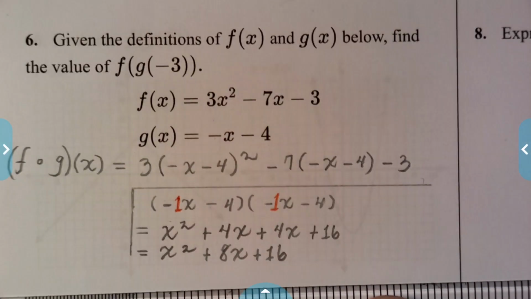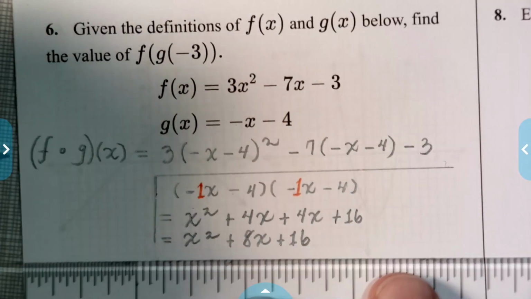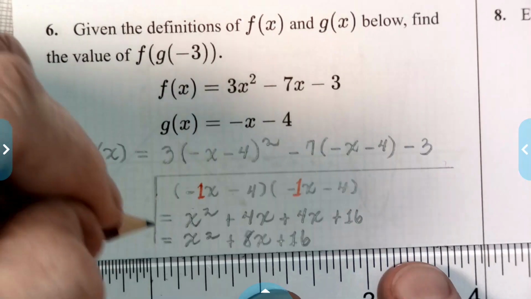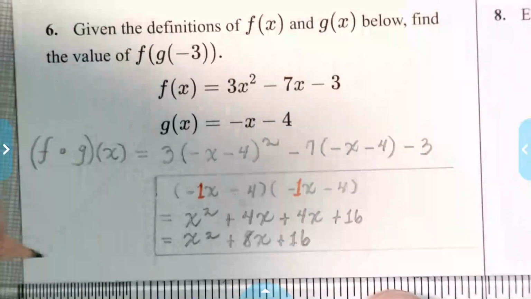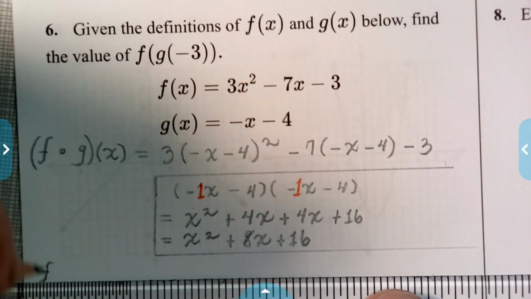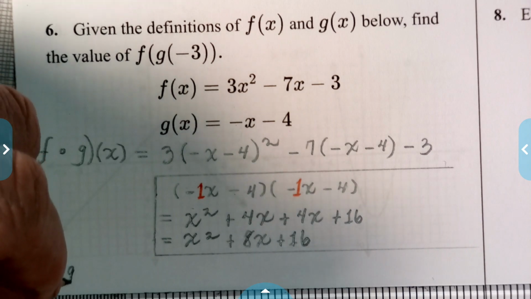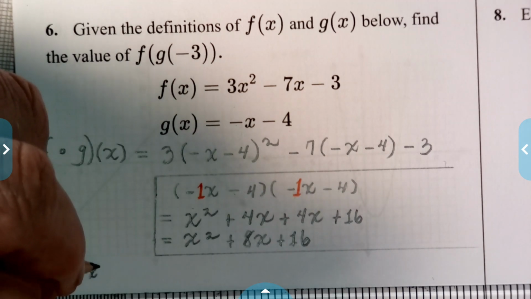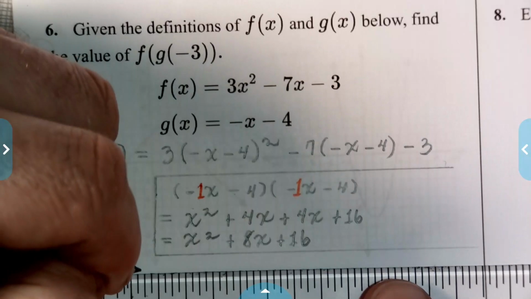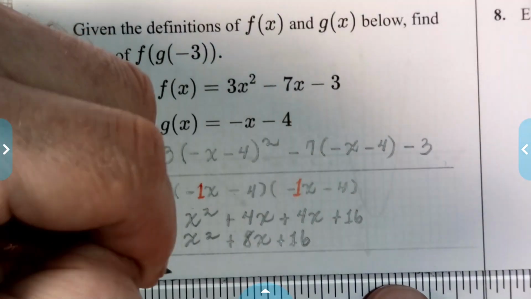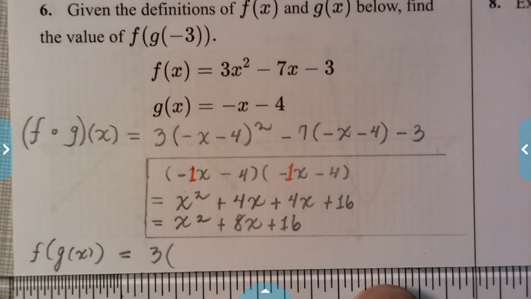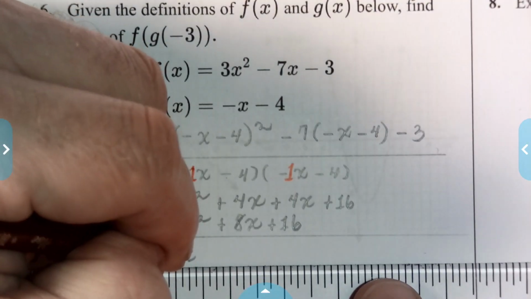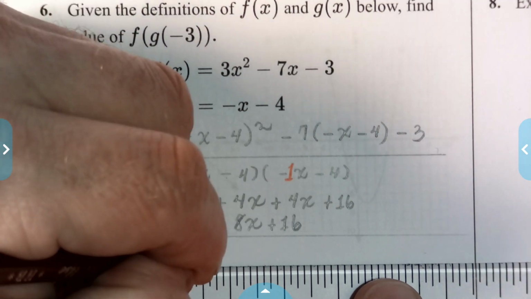Okay, and so we're going to put that back there, and that'll close off this here. Okay, so now we have f of g of x equals 3, and then inside this parentheses we're going to put this quadratic, x squared plus 8x plus 16.